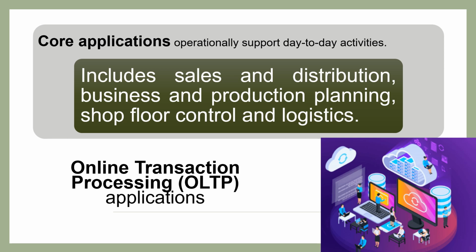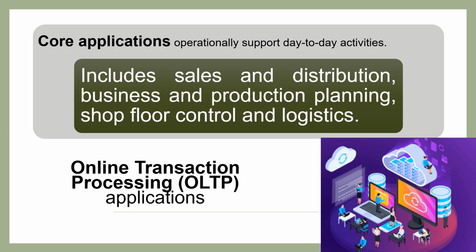So the online transaction processing OLTP applications are the core applications to handle the operational support day-to-day activities, meaning that they handle the operations within the other connected software, including sales and distribution, business and production planning, shop floor control, and logistics.